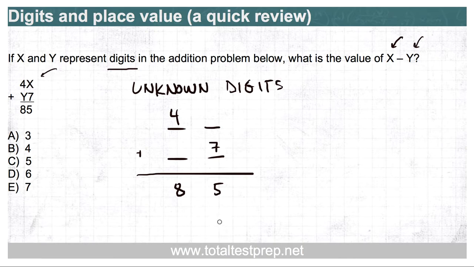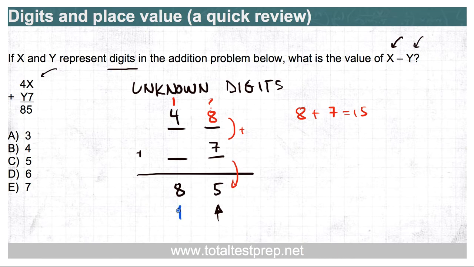Starting with the units digit, ask yourself, what number plus 7 gives me 5? Well, there's no number plus 7 that gives you 5, but 8 plus 7 gives you 15. And so if we put an 8 over here, we would get a 5 in the units digit and carry this 1 over here.